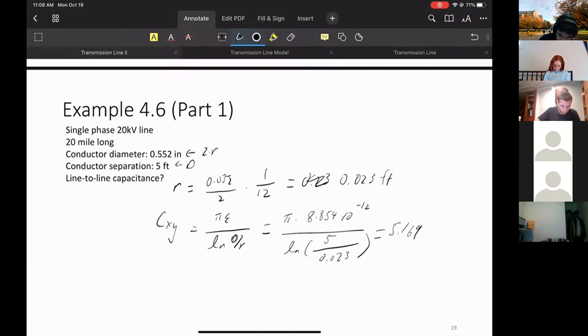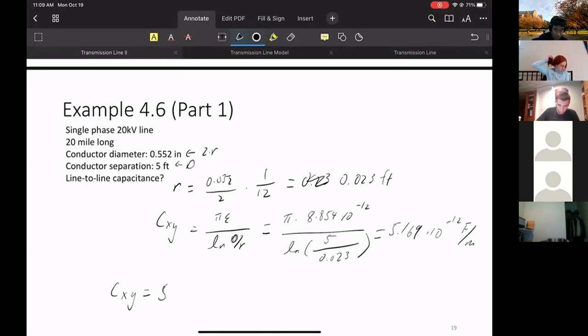This comes to 159 times 10 to the minus 12 farad per meter. Okay, so that's the capacitance of the line per meter. So if we now want the capacitance for the 20-mile long line, this is the Cxy.